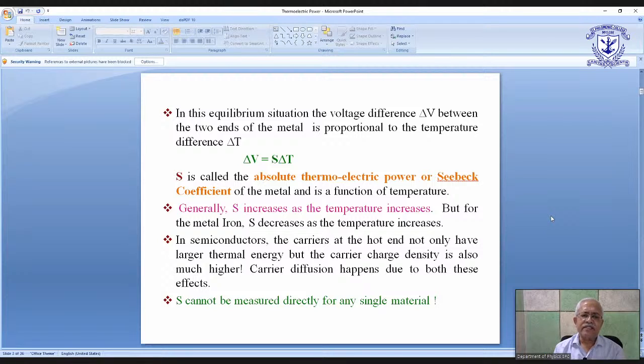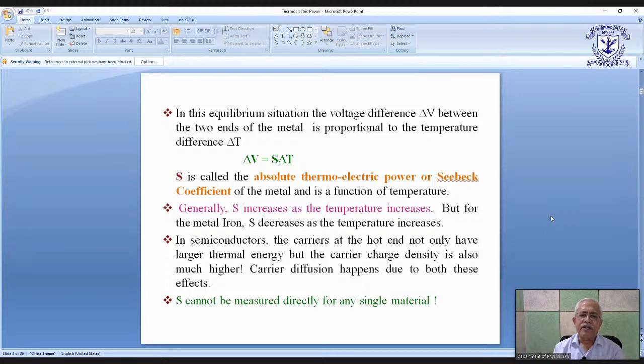The next sentence is about semiconductors. In semiconductors, the carriers at the hot end not only have larger thermal energy. Look at this, the difference between metal and semiconductor. If you heat a semiconductor, you know that the carrier density will shoot up. Okay, it will shoot up according to the exponential law which we learned yesterday, right?